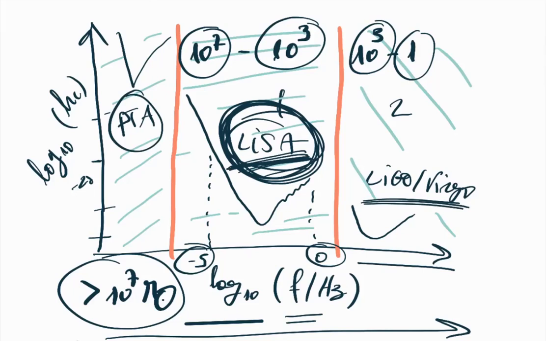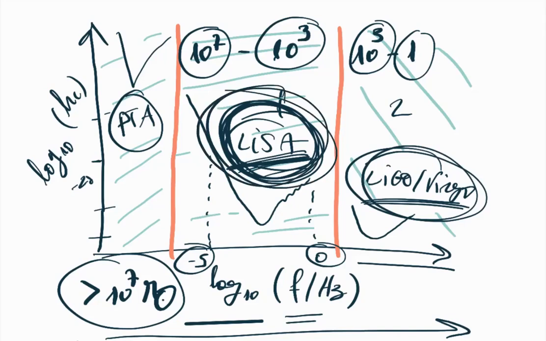Okay. So over here, you get a width of data, so a very short stream of data. If you're talking about neutron stars, probably you can get up to 1 minute of data. But over here, in the LISA window, we're talking again about months, if not years of data.